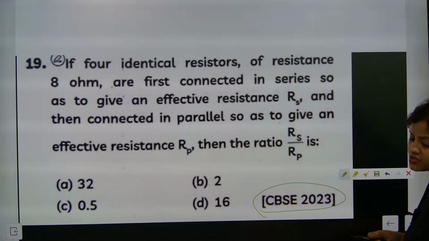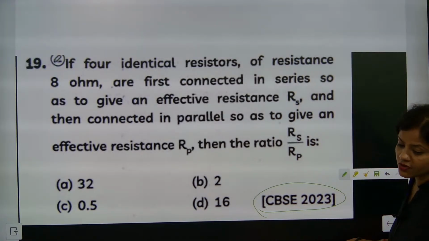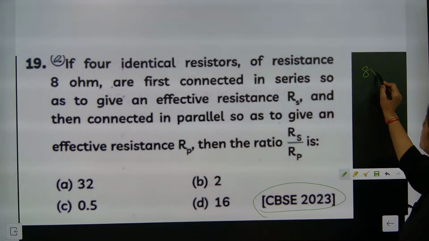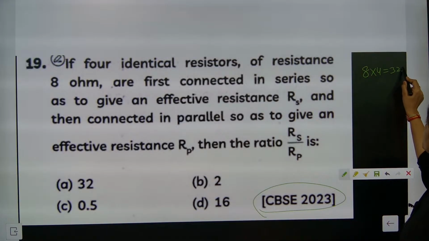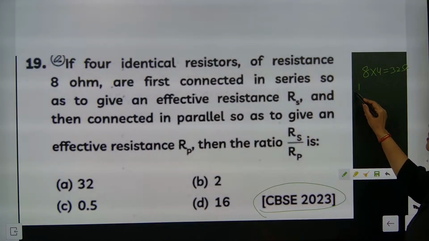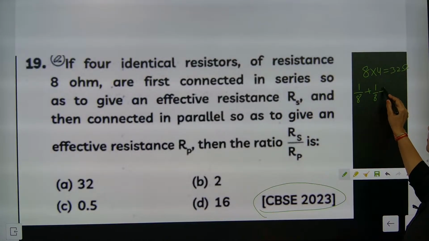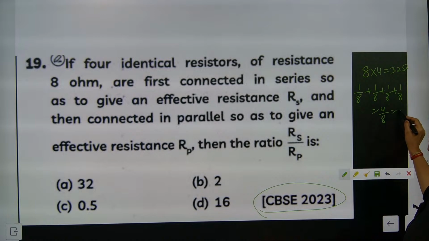Now, look here, beta. First, connected in series means 4 resistors. So 4 times 8 is 32 ohms. And now it is connected in parallel: 1 by 8 plus 1 by 8 plus 1 by 8 plus 1 by 8. That is, beta, 4 by 8 is 1 by 2.